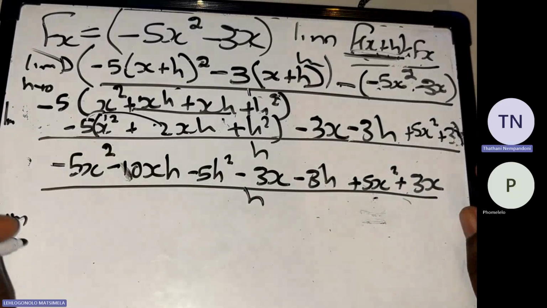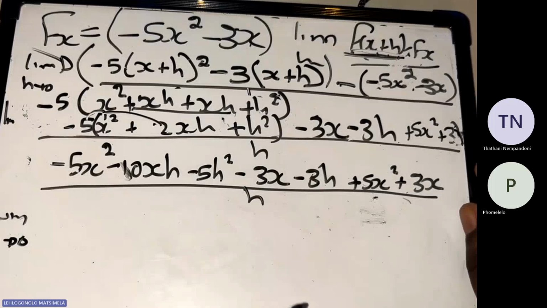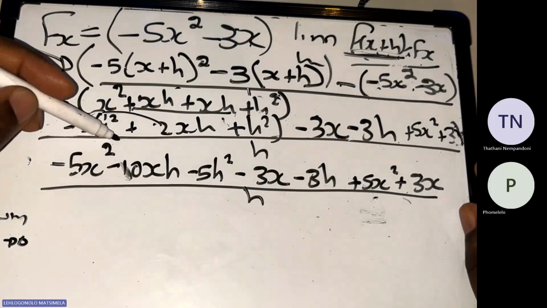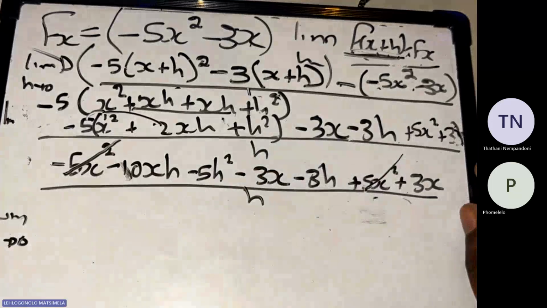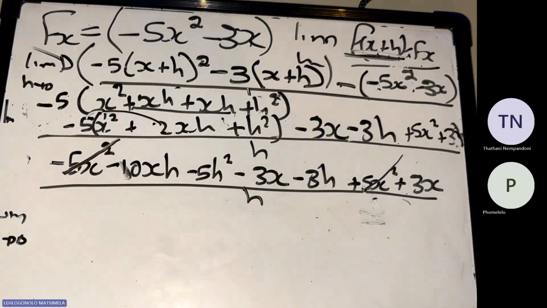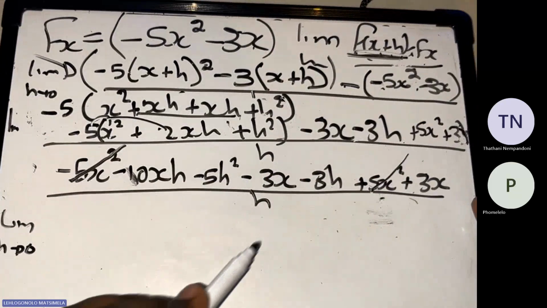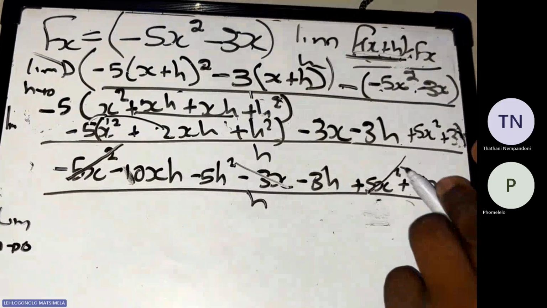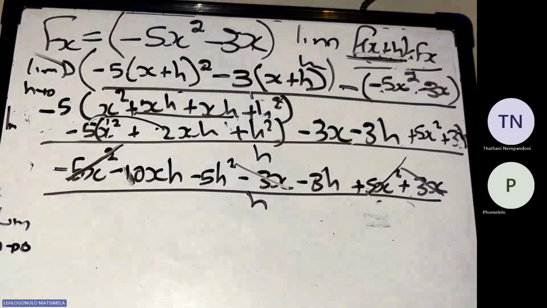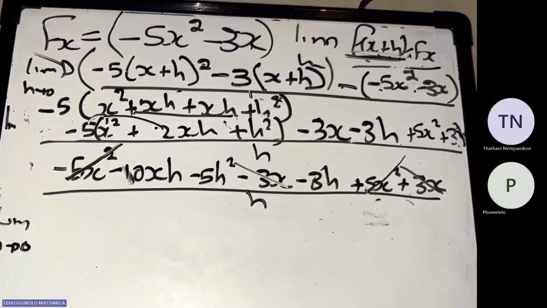Okay, then continuing from this part, we group our like terms. So we are having minus 5x squared, and also plus 5x squared, which means they are the same, they cancel one another. And then again, we are having minus 3x and also plus 3x. They are removing one another. Then what are we going to be remaining with?